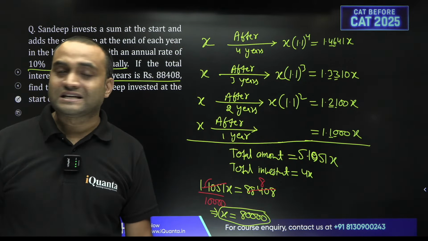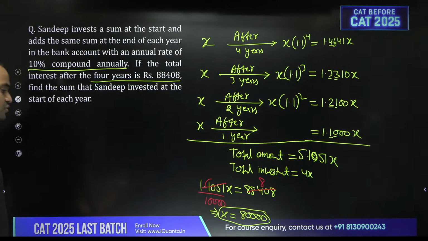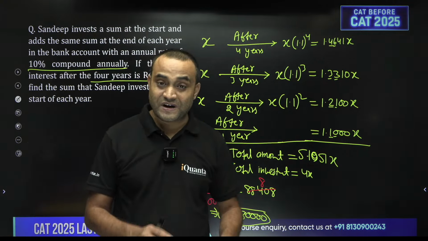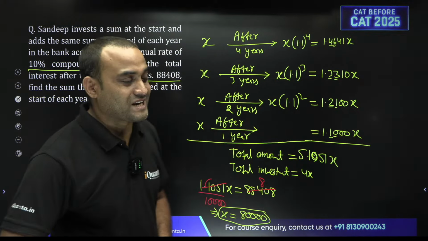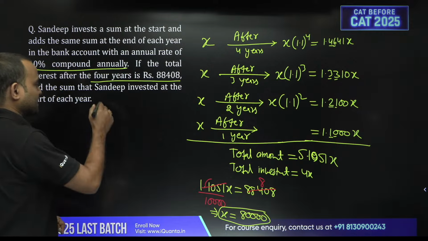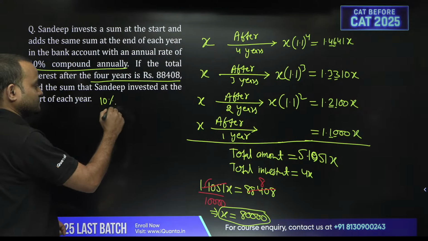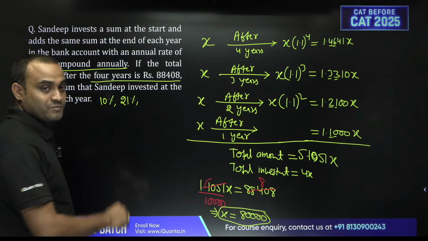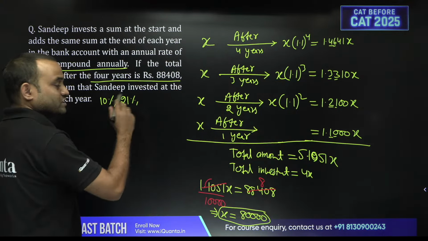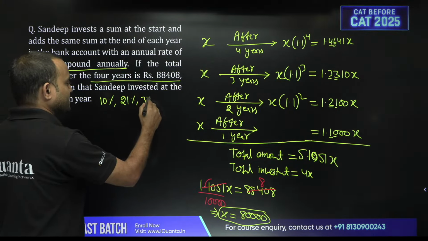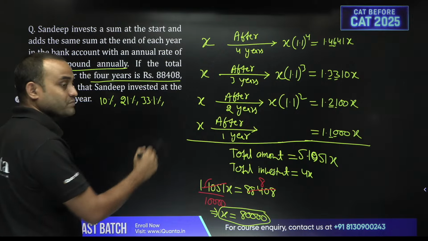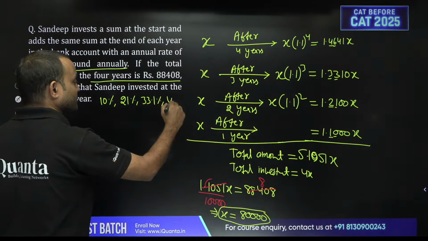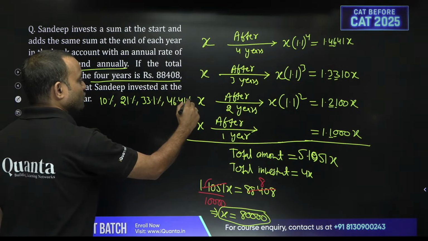Achal, alternate approach, if you know the effective rate of interest. So, for 10%, for 1 year, effective rate of interest is 10%. For 2 years, effective rate of interest is 21%. For 3 years, with the same rate of interest, effective rate of interest is 33.1%, and for 4th year, it will be 46.41%.